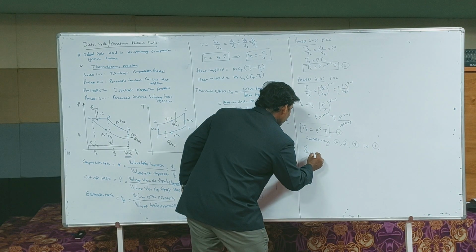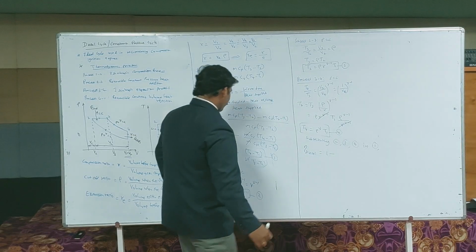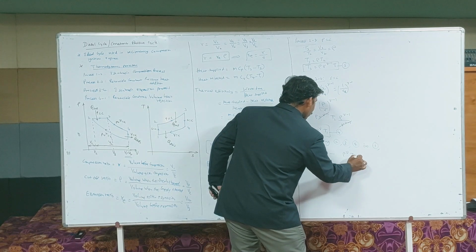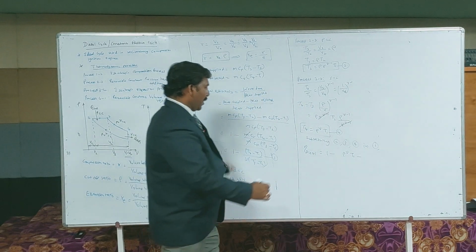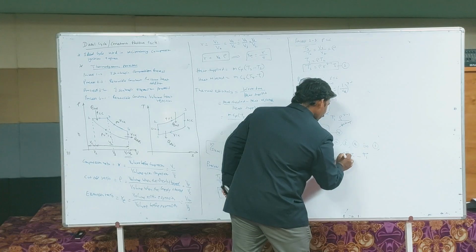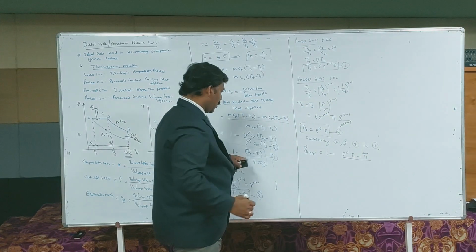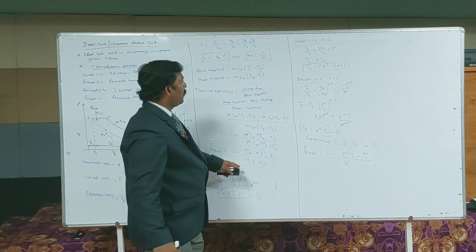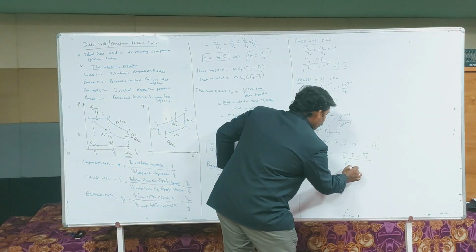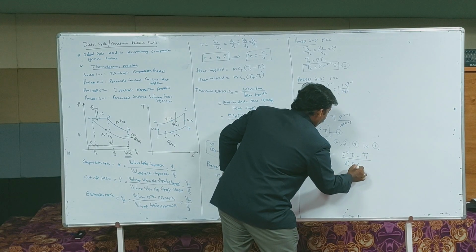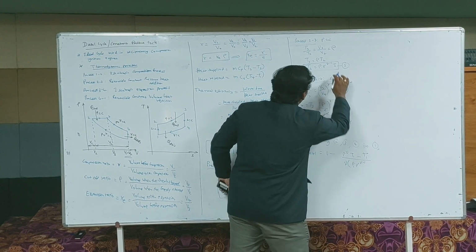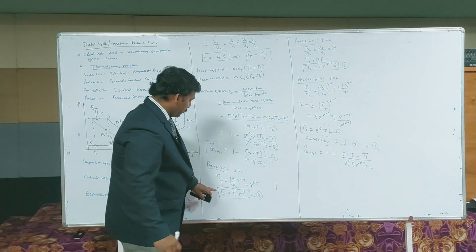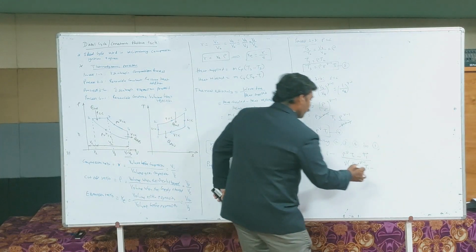Efficiency of diesel engine is equal to 1 minus T4, which is rho power gamma into T1, and T1 as it is we have to substitute, divided by gamma, and then you have to substitute T3. T3 is rho into R power gamma minus 1 and T1, minus T2 we have to substitute. T2 is T1 into R power gamma minus 1.